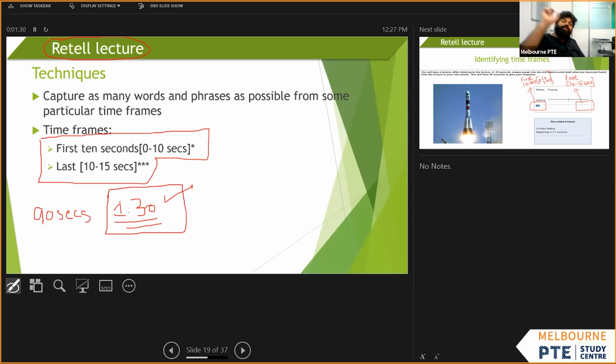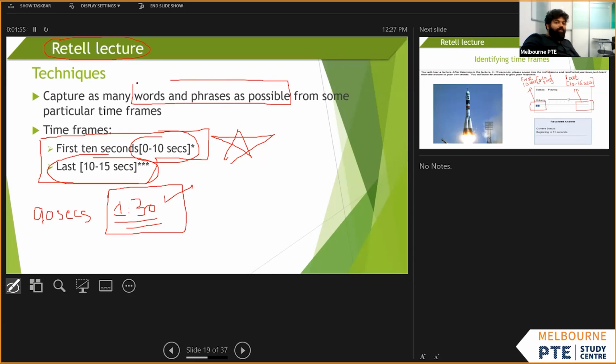In this slide, I'm telling you that some time frames of your audio are more important than other ones. Particularly, you can say your very first 10 seconds and your last 10 to 15 seconds. Always very important. So you will try to capture as many words and phrases as possible from these time frames.